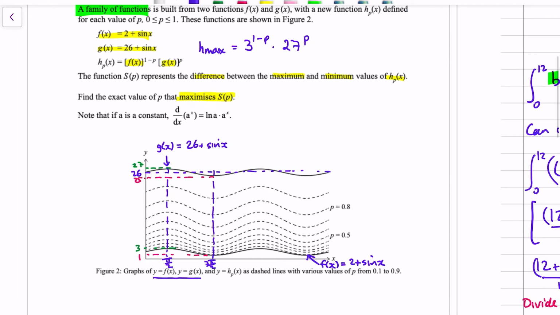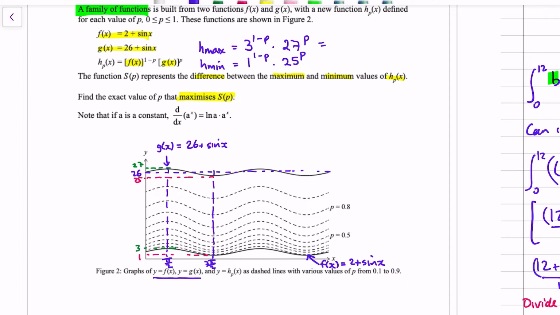And h min is going to be the smallest value of f to the power of 1 minus p, which is 1. 1 to the power of 1 minus p multiplied the smallest value of g of x. Again, because they line up, the minimums and maximums both line up. So 25 to the power of p. And I want you to notice that both of these are base 3.